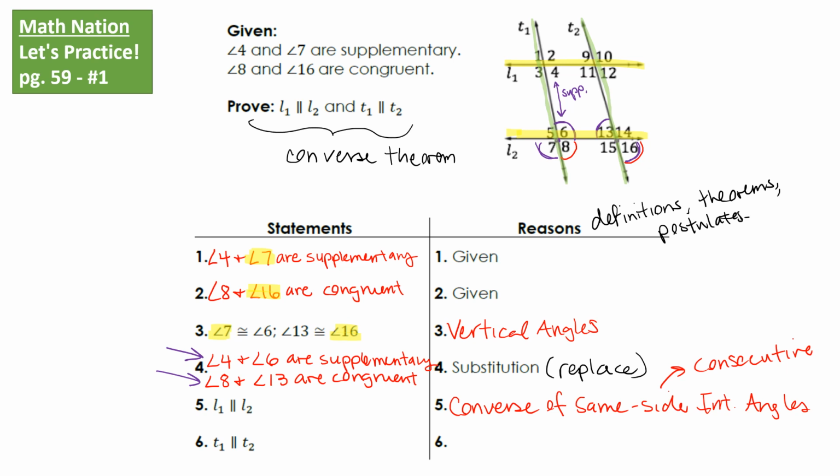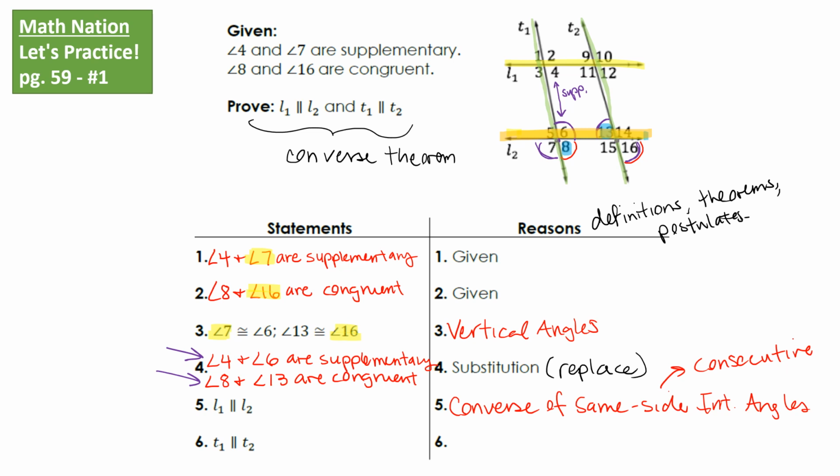So when I look at angle 8, let's do another color, angle 8 and angle 13, I notice that angle 8 and 13 are on opposite sides of the transversal. So remember that transversal is here. I'm going to put it in orange. So the transversal line is L2, and it's sitting on opposite sides of the transversal in between the two green lines, which are T1 and T2.